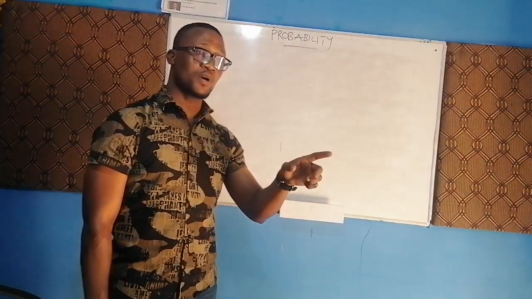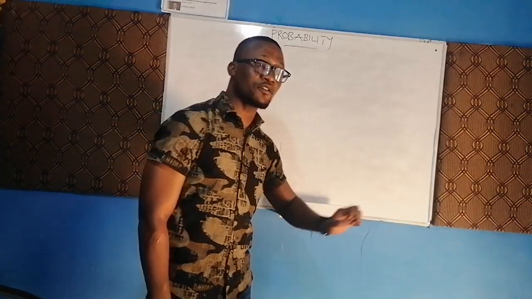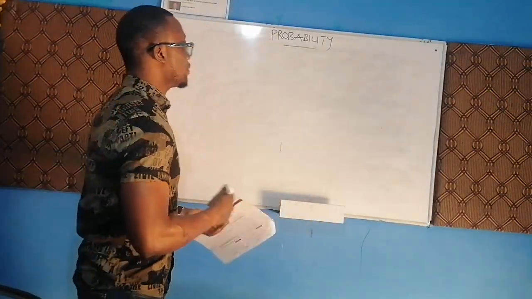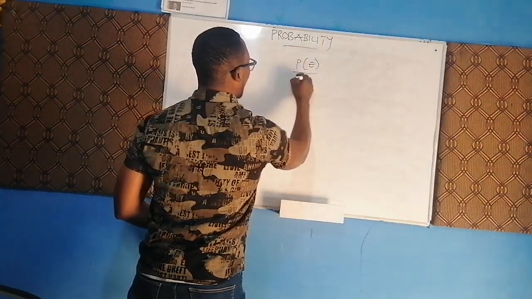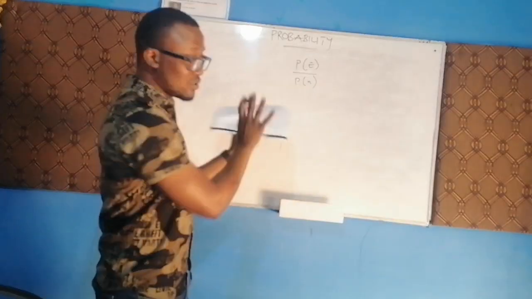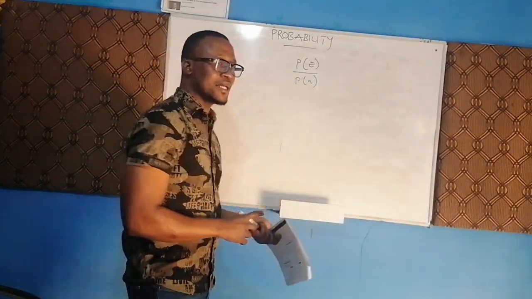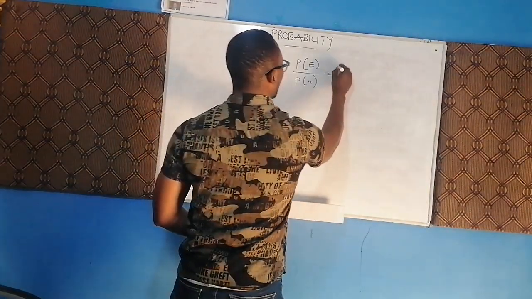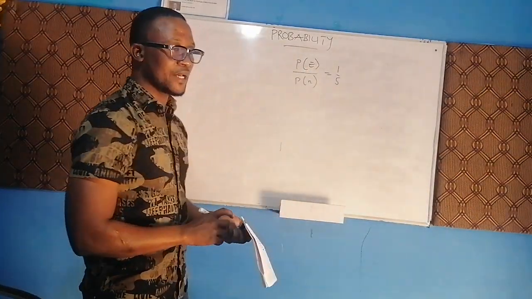You know that 2 is just one, so you only have one chance of picking that. So that becomes 1 out of the entire thing, which is 1 over 5. It's more like P of the required over P of the entire thing, the total. So in the example I just gave, it's going to be 1 over 5. It means that we have 5 totals, and there's only one chance.